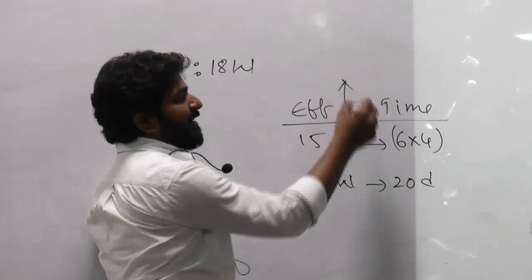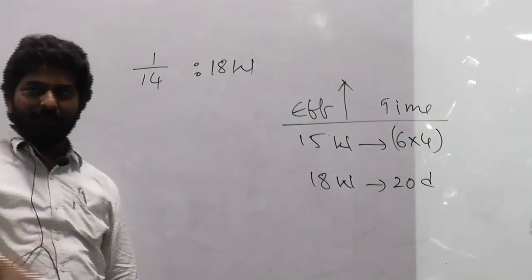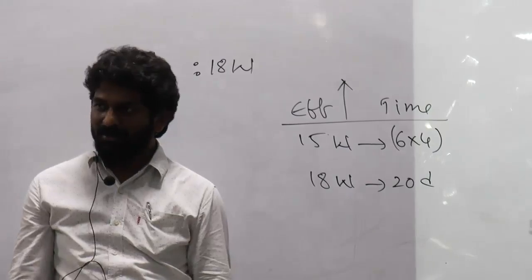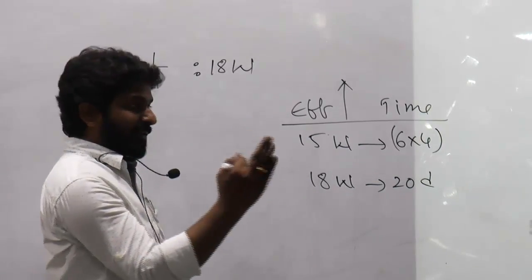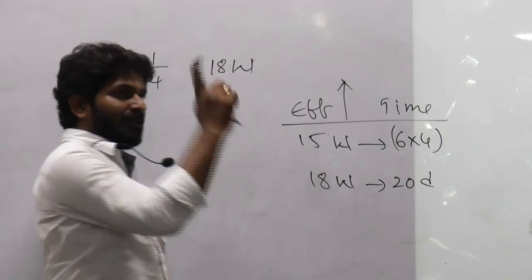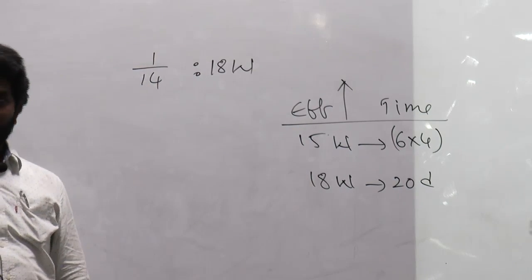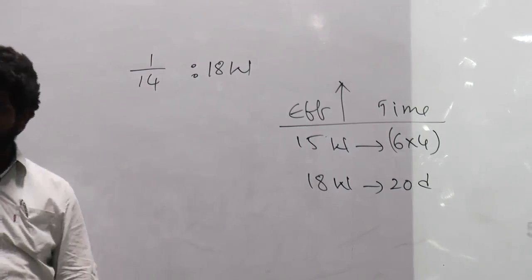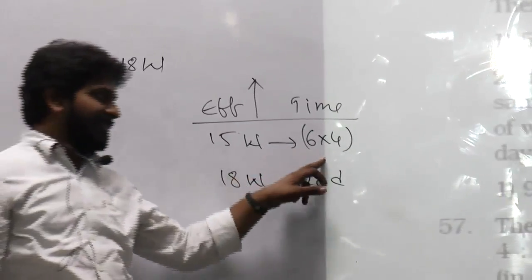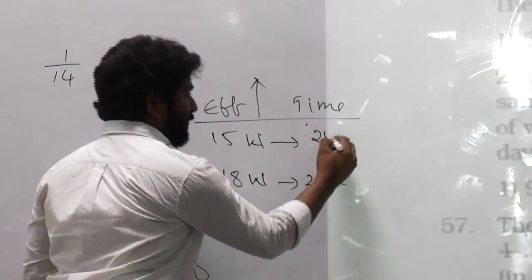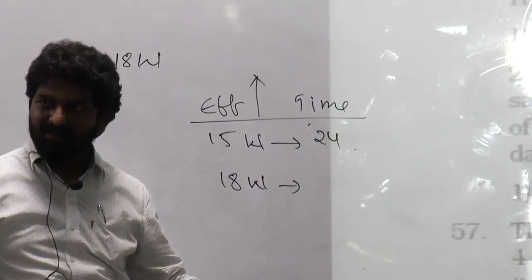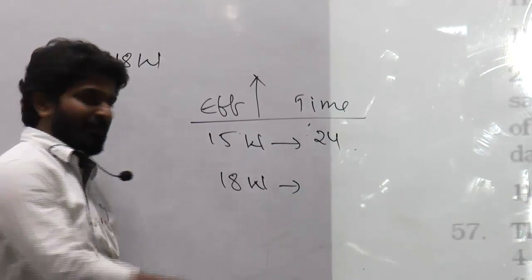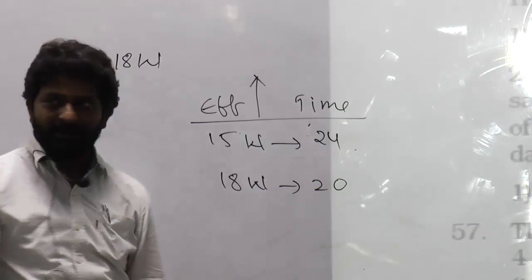If efficiency increases, what will happen to time? Time decreases. So both are inversely proportional. We have discussed already. Women increase by 3 out of 15. 3 out of 15 is 1 by 5. For an increase of 1 by 5, there should be a decrease of 1 by 6. 1/6 of this number 24 is 4. Decrease 4 from this number, 20. So 18 women can do it in 20 days.